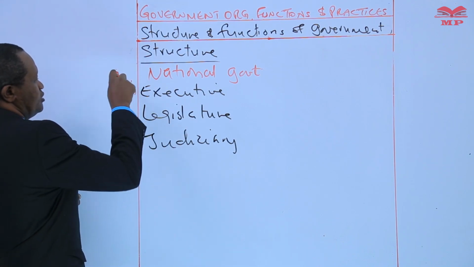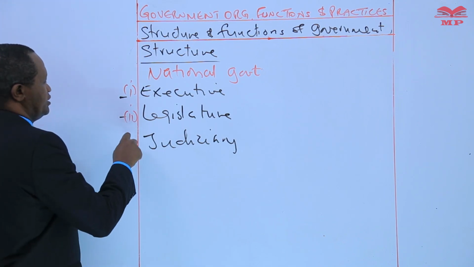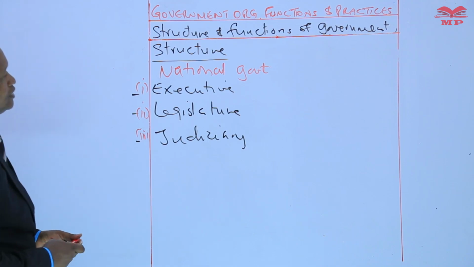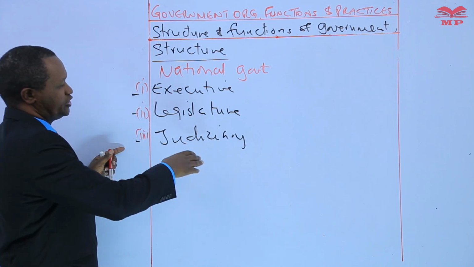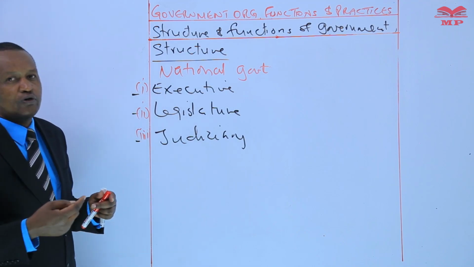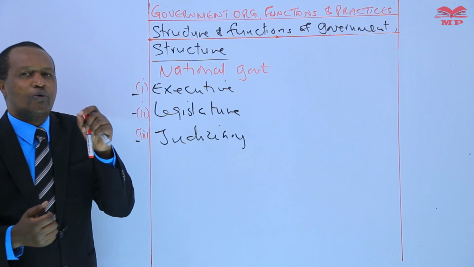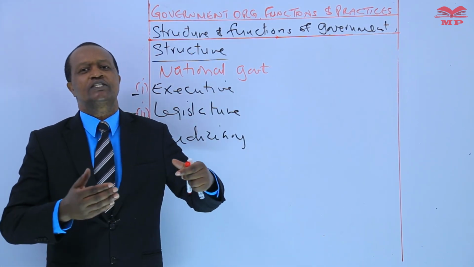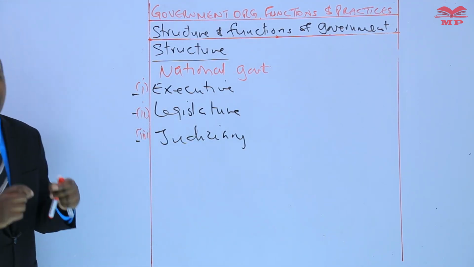One, executive. Two, legislature. Three, the judiciary. Now, candidates, this division of the executive, the legislature and the judiciary has an objective: to ensure that power is distributed among different branches, among different institutions, and that no one individual or group can hold too much power.